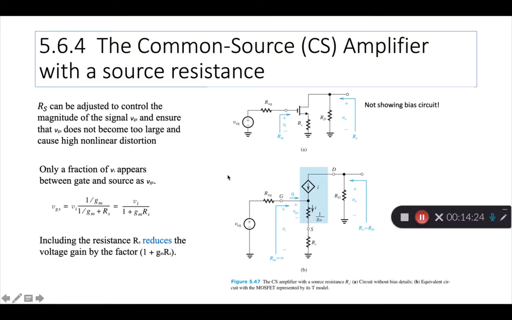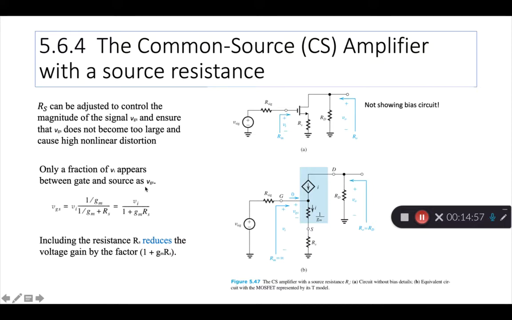We'll do some problems on understanding how to adjust RS so that you don't have too large a value that can cause the device to go outside of saturation. Remember, saturation in a MOSFET means the active area, where the actual amplification happens. So you don't want to go into the triode region or the cutoff region by having too large a signal. So RS helps to limit that.